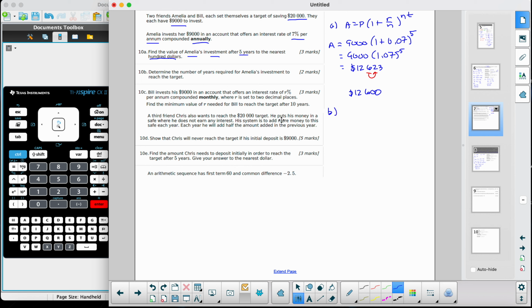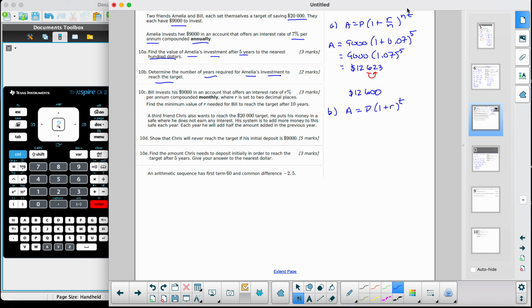Part B. Determine the number of years required for Amelia's investment to reach the target. All right, so she needs her target of 20,000, right? That's her target. So we're just plugging in for A in this formula. A equals P times 1 plus R over N, to the NT.